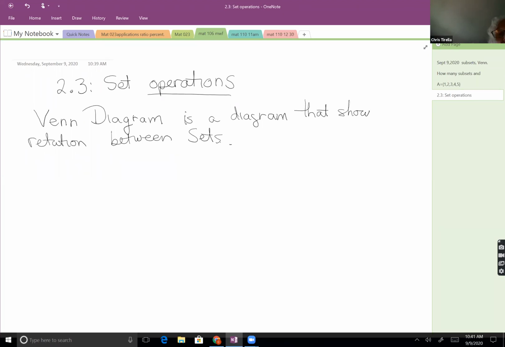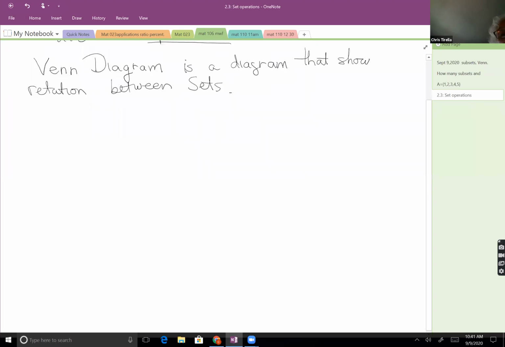Before we start drawing the Venn diagrams, we have to have a couple of definitions under our belt. And the first is going to be that of the universal set. The universal set is going to be defined as the set of all elements being considered.